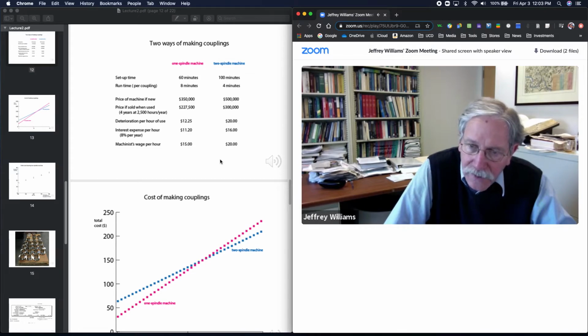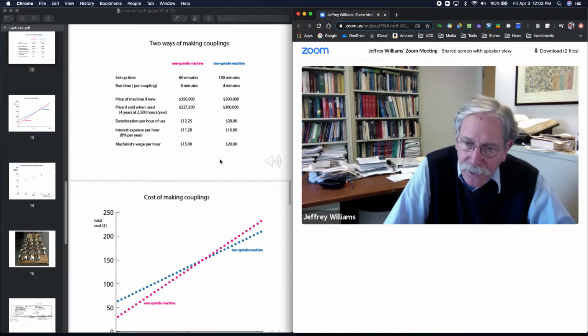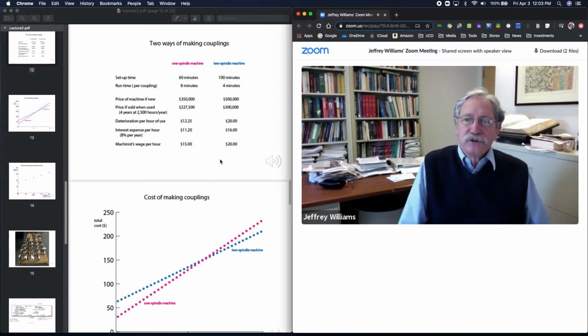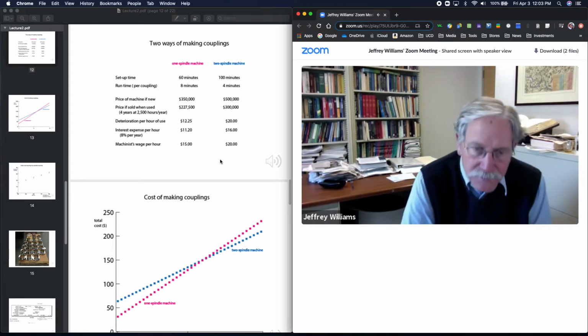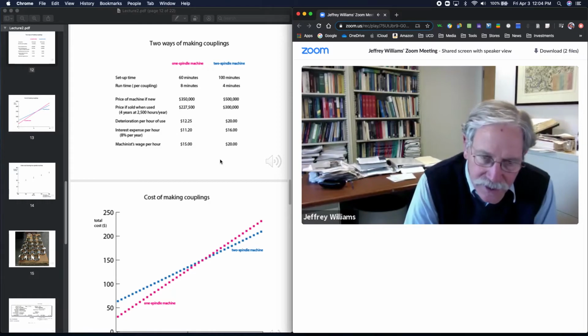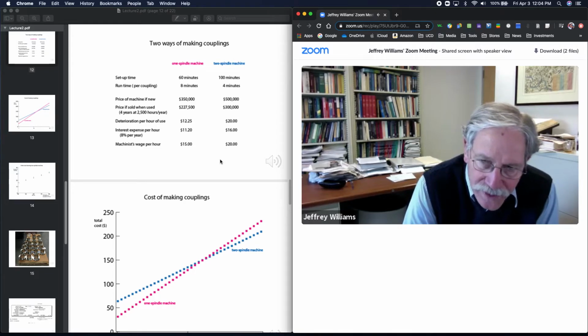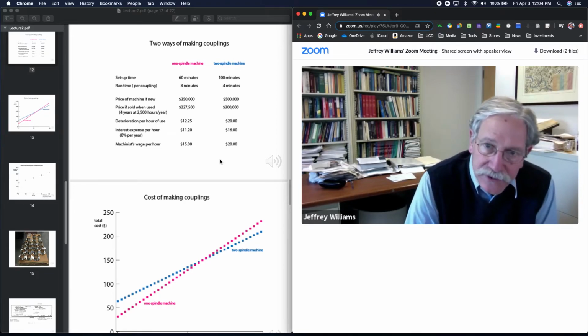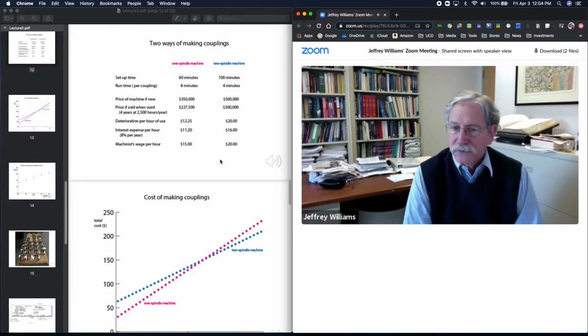If you're the machine shop owner, you're hoping to make a little bit more off the parts you are selling than the machinist's wage, but you'd at least like to cover that amount, and you're covering it by assigning the machinist to other tasks. So a reasonable estimate of what that cost might be worth elsewhere is what you have to price in for the one spindle or the two spindle machine.